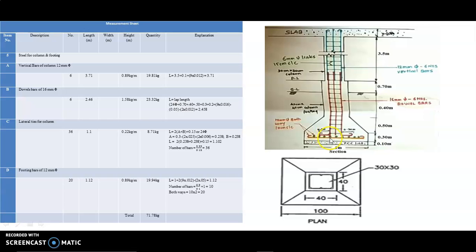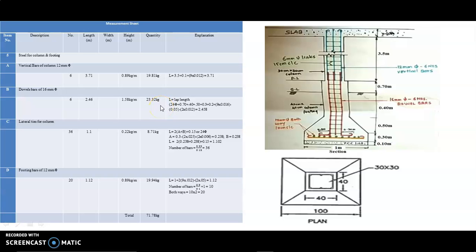Here we also provide footing reinforcement of 12 mm diameter. This bar and this bar are both 12 mm diameter, so we subtract 2 into 0.012. After calculating, we get 2.458 as the length of the dowel bars, which are 6 in number. We multiply these three columns and get 23.32 kg as the weight of the dowel bars.